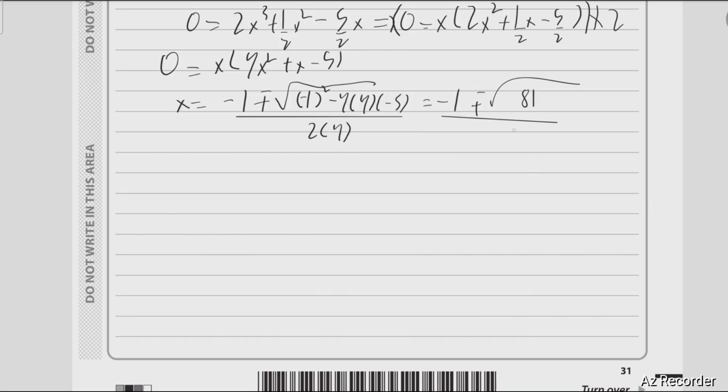Over 8. Now that's a perfect square, so x equals negative 1 plus or minus 9 over 8.